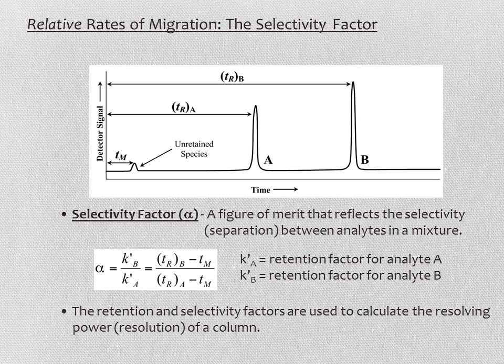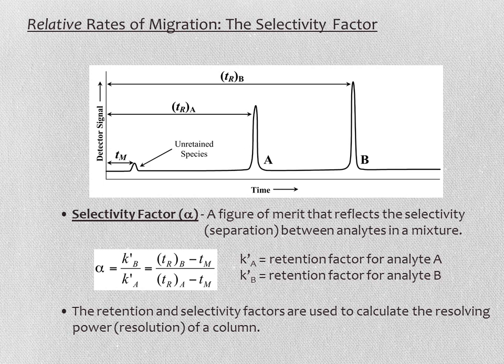Another way to compare relative rates of migration, this is relative between analyte A and analyte B, is to look at retention in terms of a selectivity factor. That's abbreviated alpha, and it is basically a division of the retention factor for analyte B over the retention factor for analyte A. And if you'll recall from the previous slide, retention factor is our retention time minus the mobile phase time, over the mobile phase time.